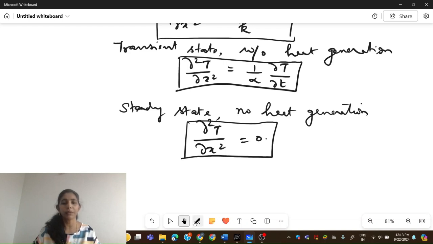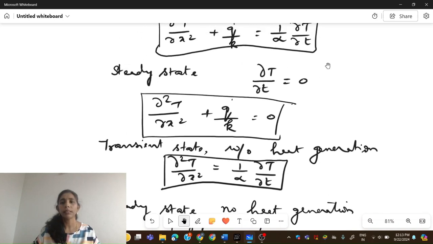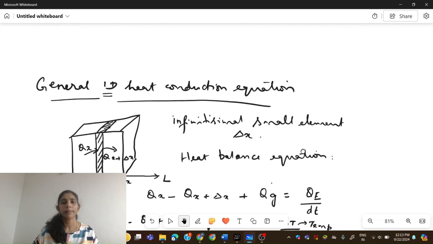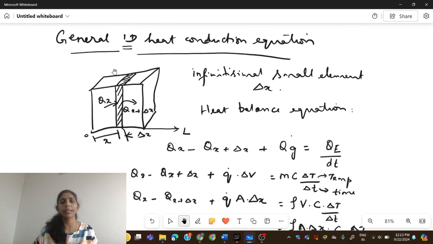A short recap of what we have derived. We have taken a solid object in which we are forming a small element of thickness delta x, and this element is at a distance of x from the origin. We know the main properties: density remains a constant, specific heat C also remains a constant, and the variation of temperature with respect to time is also considered.